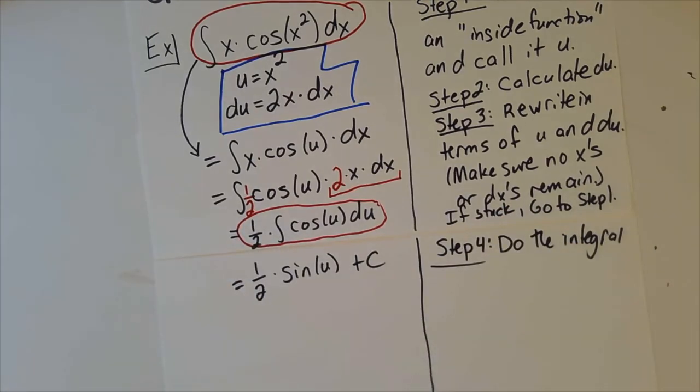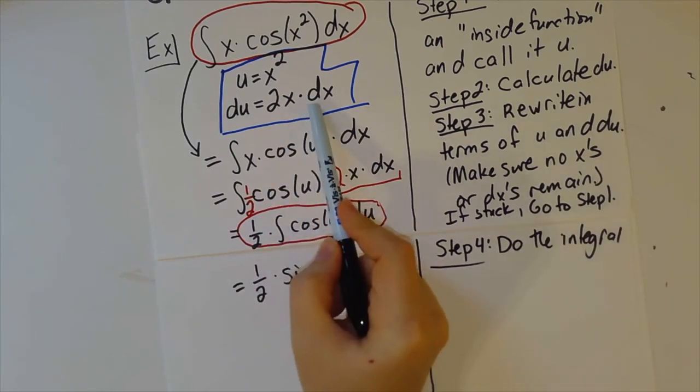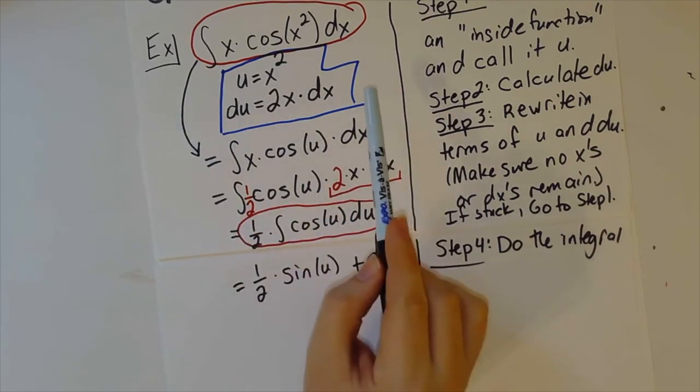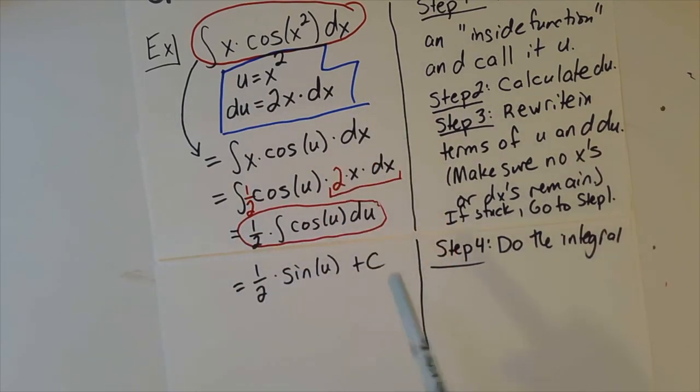Okay, and now we're almost done. The only problem is we invented this u language. Up here in the blue box, we said we're just going to make this new language in terms of this new variable and reformat everything. So we can't give our answer in terms of this new language.